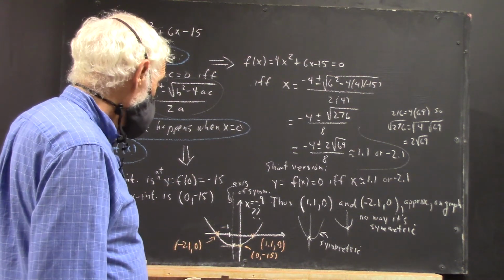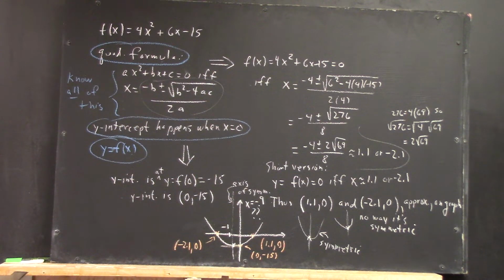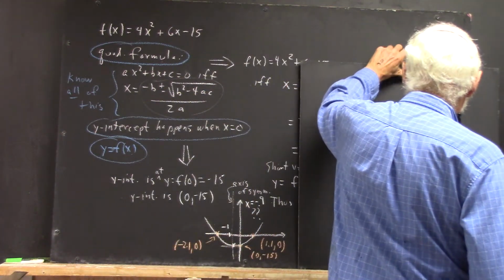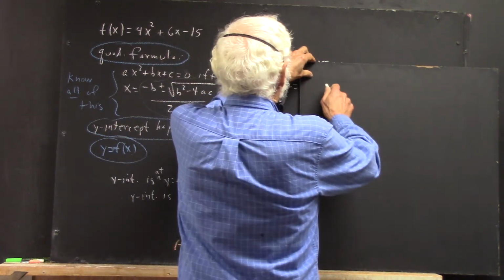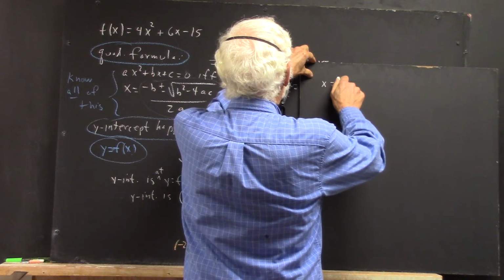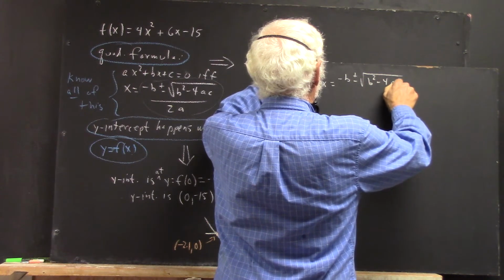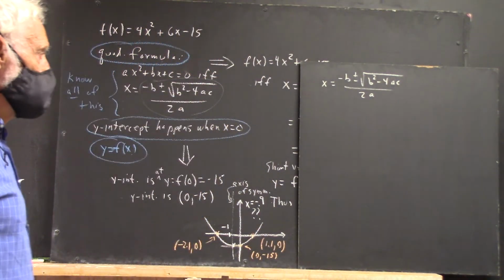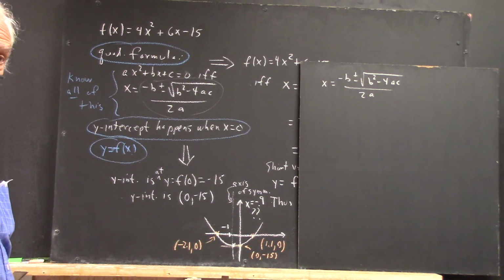So you kind of test how close. Now, that's not the whole quadratic formula, but that's the part we want to look at to find the axis of symmetry.